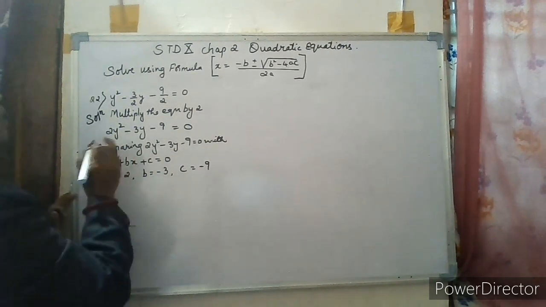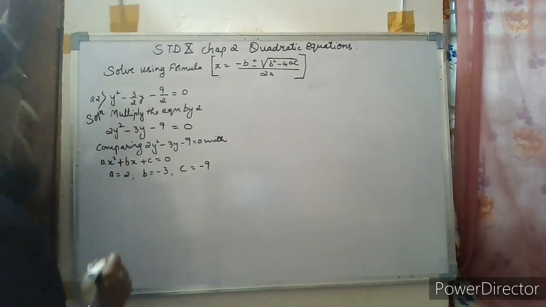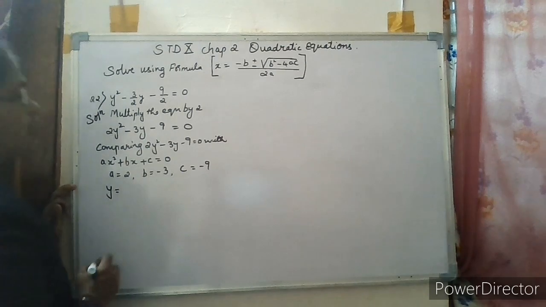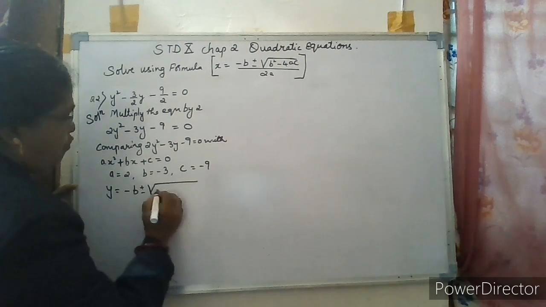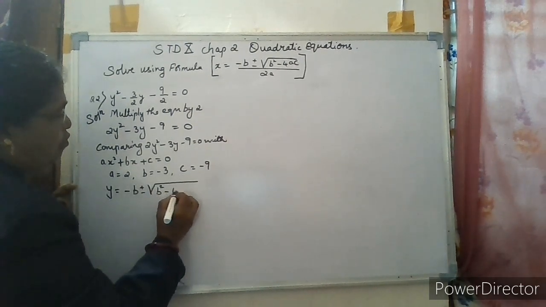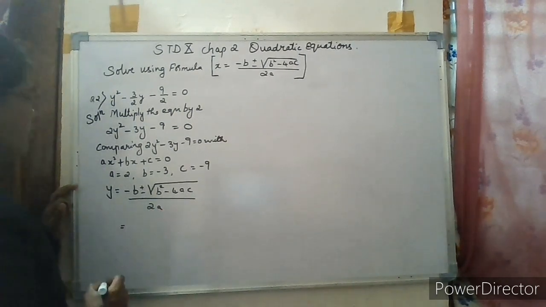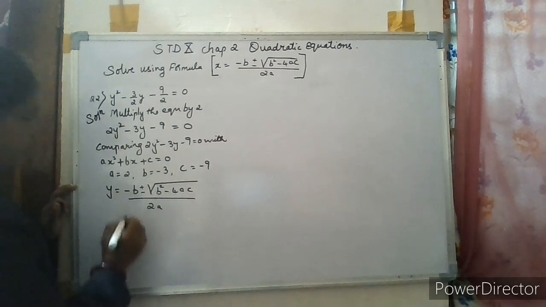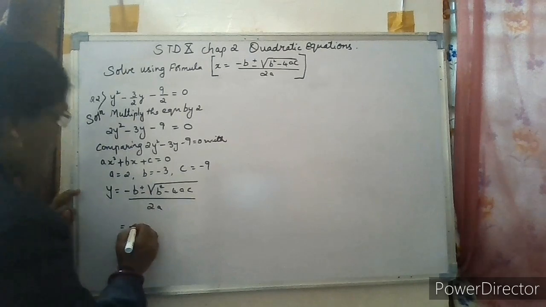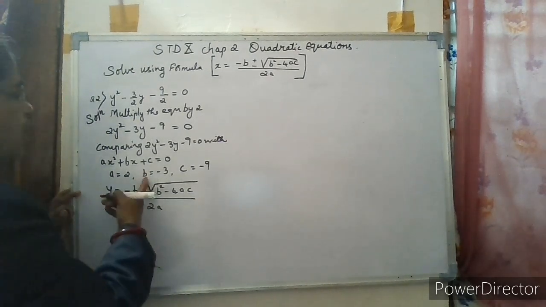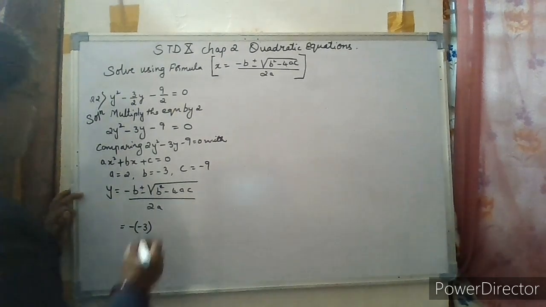Now write the formula. Here the variable is y. So we will write it as y equal to minus b plus or minus root of b squared minus 4ac upon 2a. So y is equal to minus b. Now listen, this minus sign is of the formula. So we will put the bracket and b value is equal to minus 3. Put it in the bracket in this way.